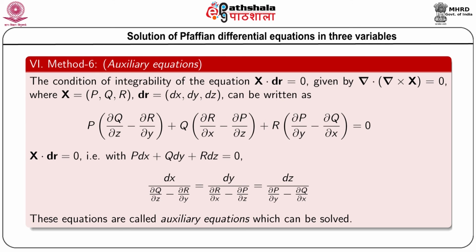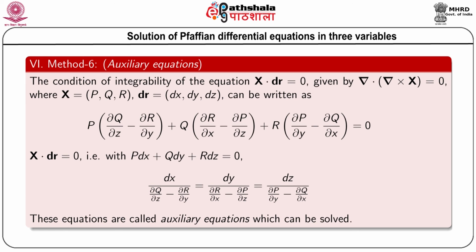So, if this is our given equation and if we assume this is integrable, then it should satisfy the condition X dot curl X equals to 0, and this condition leads to the equation p (del q del z minus del r del y) plus q (del r del x minus del p del z) plus r (del p del y minus del q del x) equals to 0.